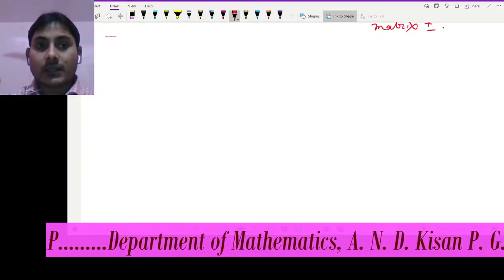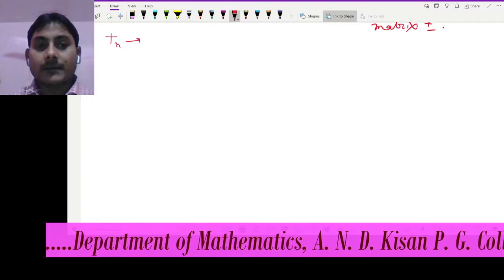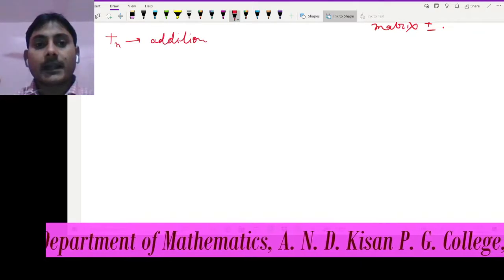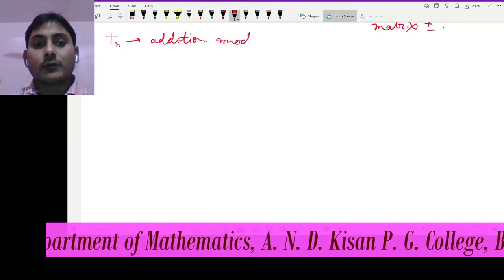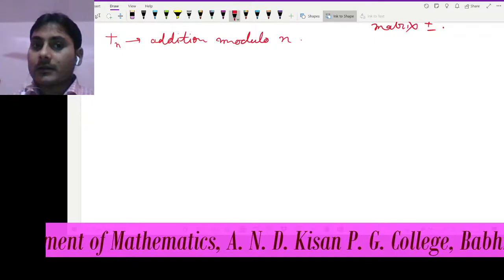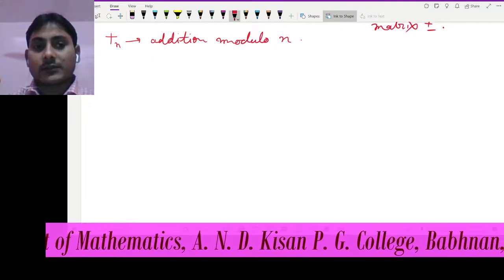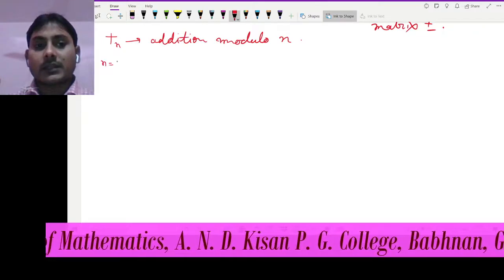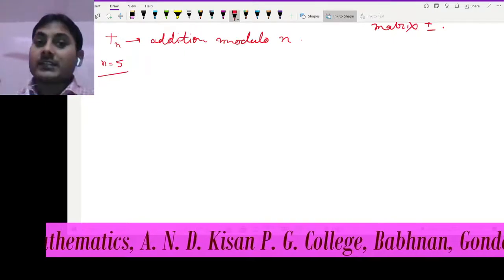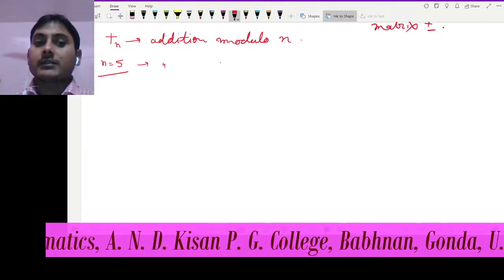Suppose I denote plus n, it means addition modulo n. In particular, if you want to understand something, take a particular value. Suppose I am taking n equal to 5. So it is the addition modulo 5.